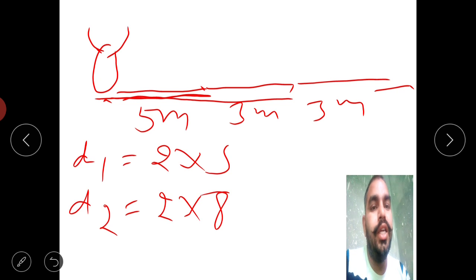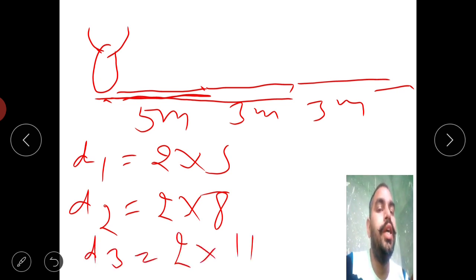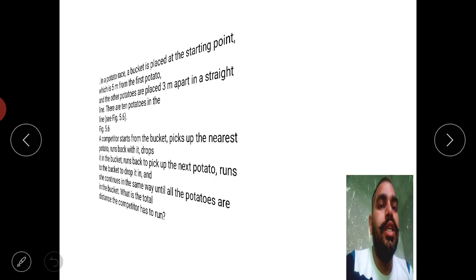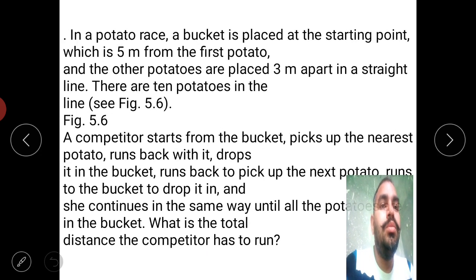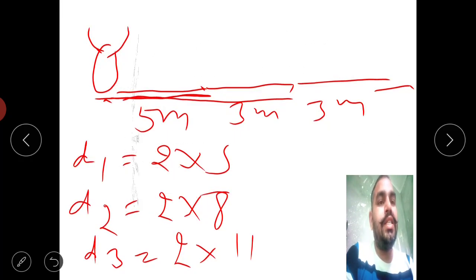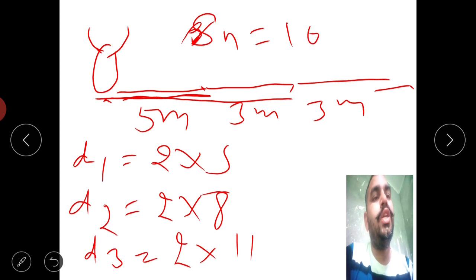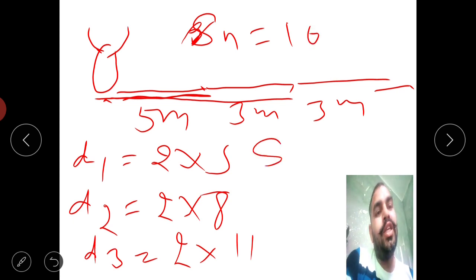And third, d3 is equal to what? 2 into 11, and so on. First read how many potatoes there are: a complete bucket and nearest pick up continuously, all the 10 potatoes are there. So n is equal to 10, and Sn I have to find out.